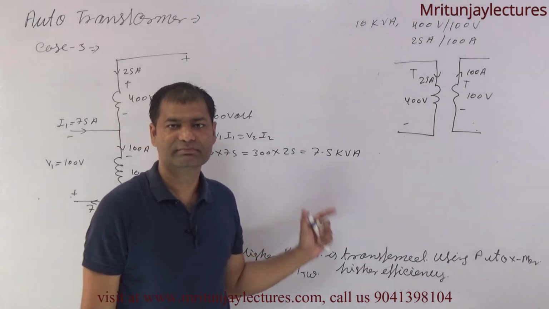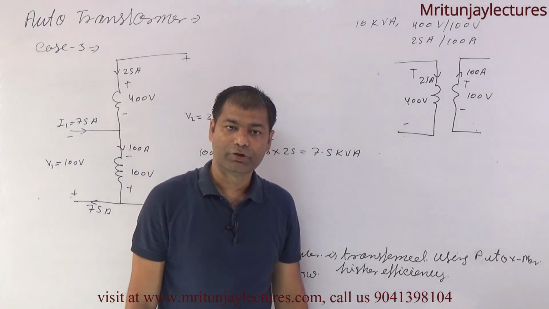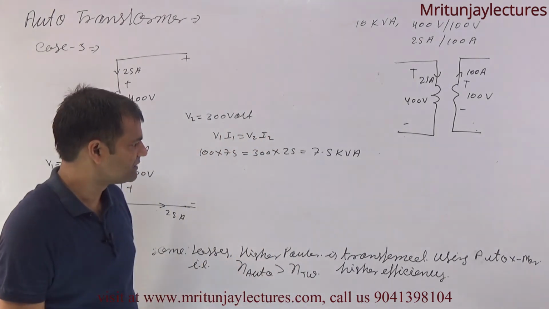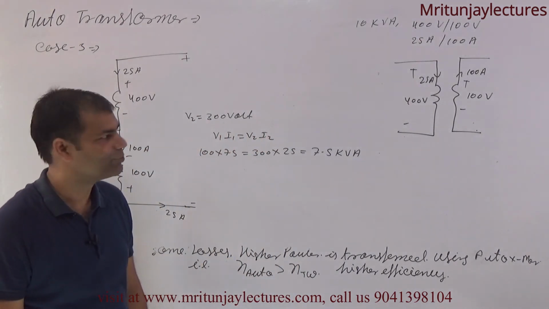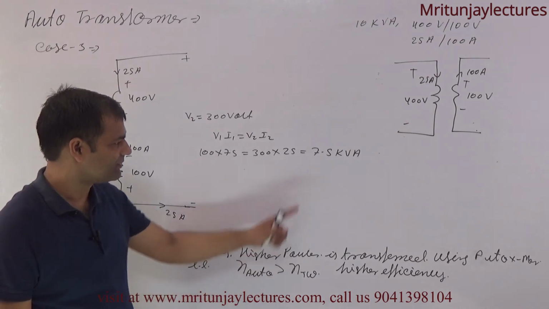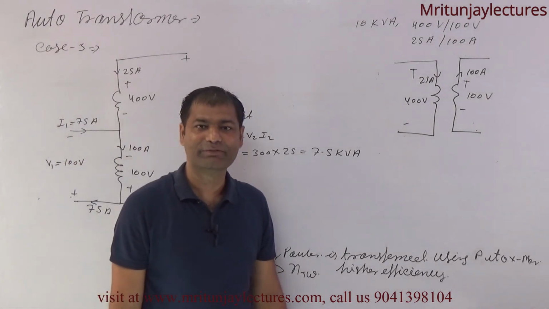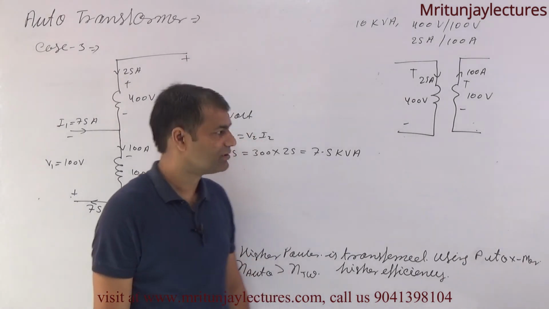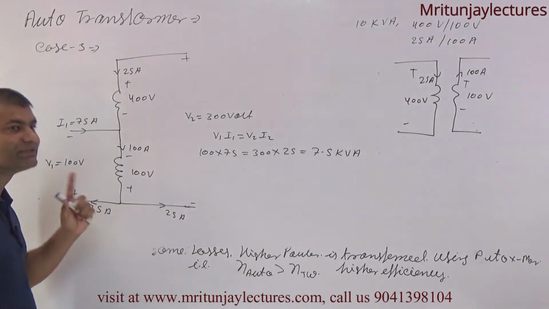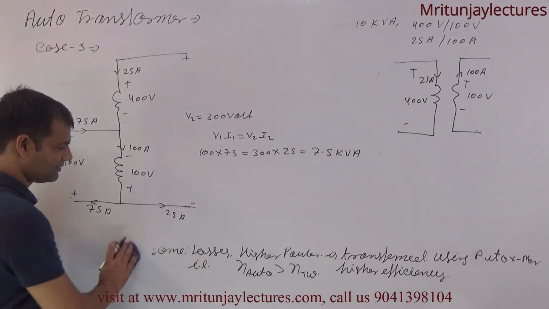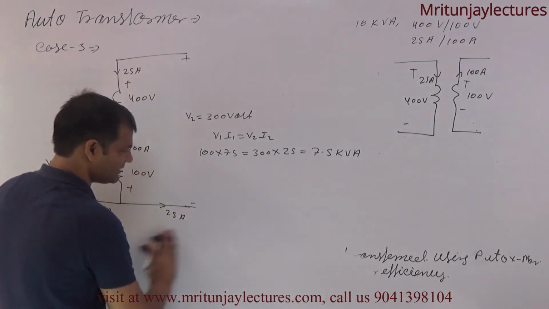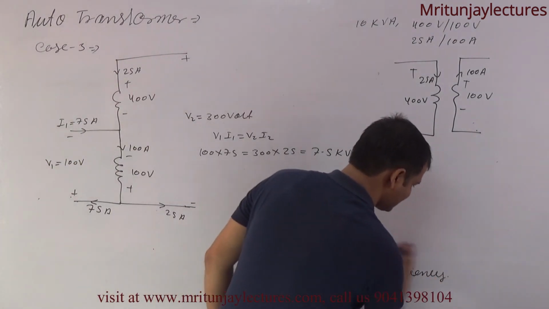Now if we consider the third case, what about the kVA rating? Much reduction, your efficiency is going to be negative. If the polarity is like this one, then what about the kVA rating? It is very poor. So this case is never considered. Why?